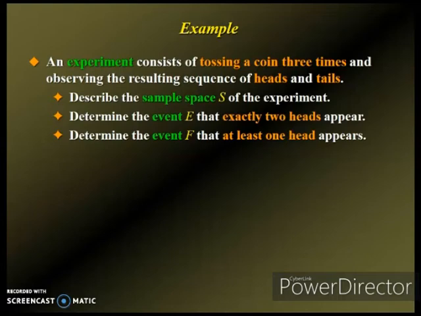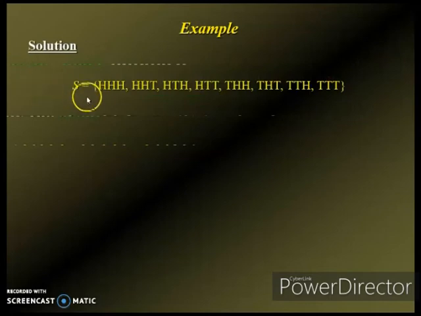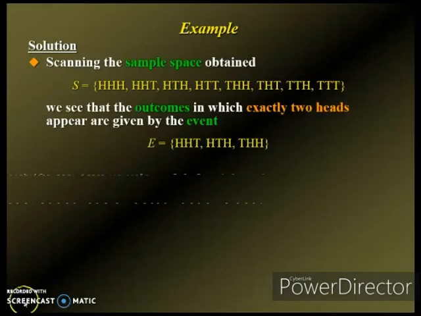You may get 3 heads together, 2 heads and 1 tail, and so on. So the sample space is this: HHH, HHT, HTH, HTT, THH, THT, TTH and TTT.